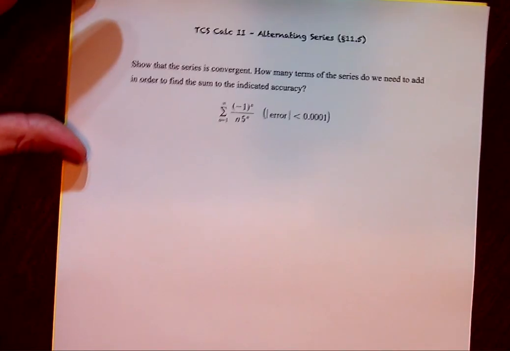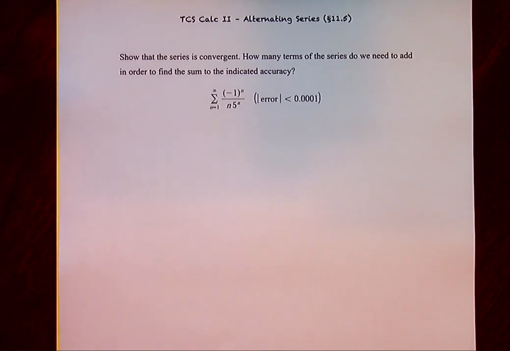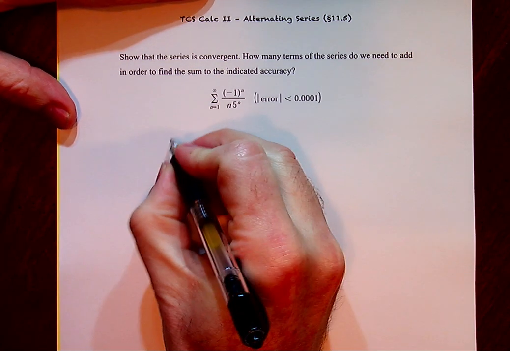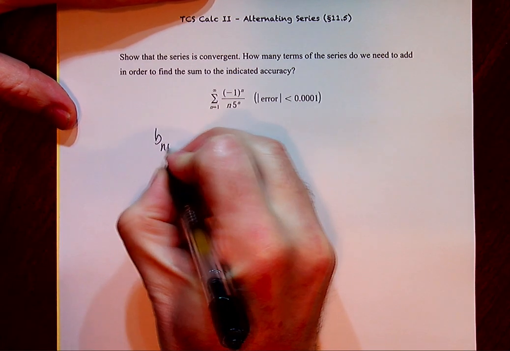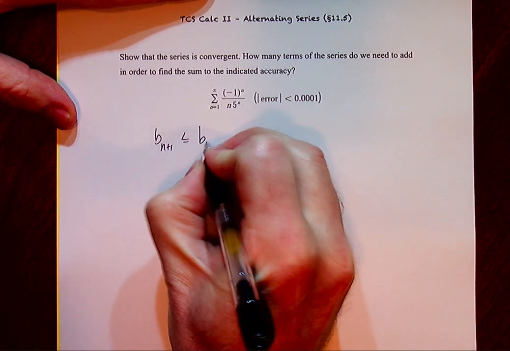All right. Let's consider this example right here. First of all, it asks us to show that the series is convergent. So we're going to go back to the stuff from last video and determine its convergence. Now remember, I need to determine that b sub n plus 1 is less than or equal to b sub n.